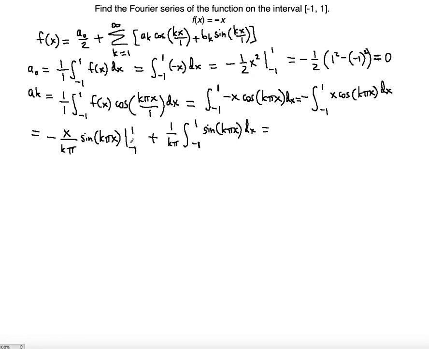You know that this thing is going to be equal to 0, because we're going to have x equal to 1, and k will be an integer, because according to the infinite series notation here, k is always an integer: 1, 2, 3, 4, 5, etc. So this sine will always have multiples of pi, backwards and forwards.